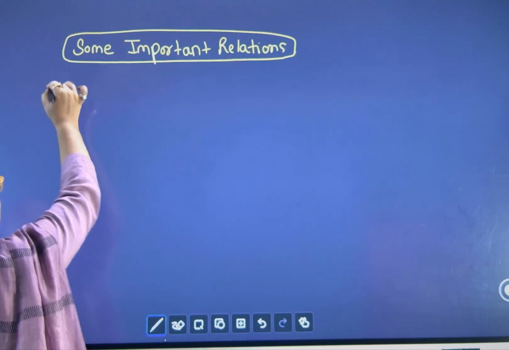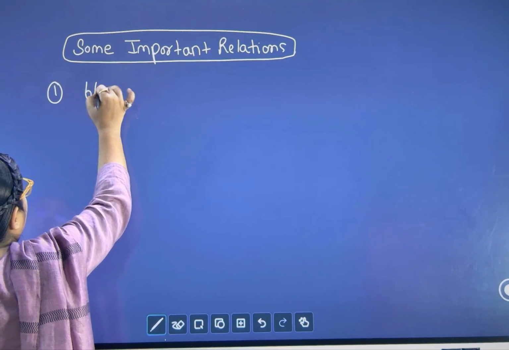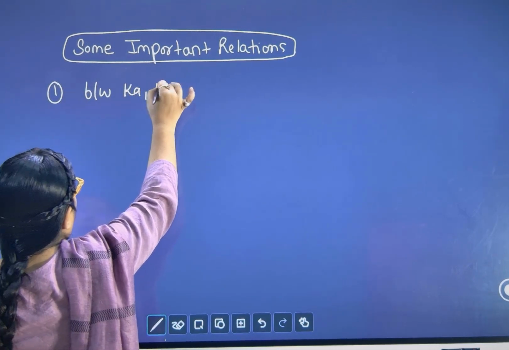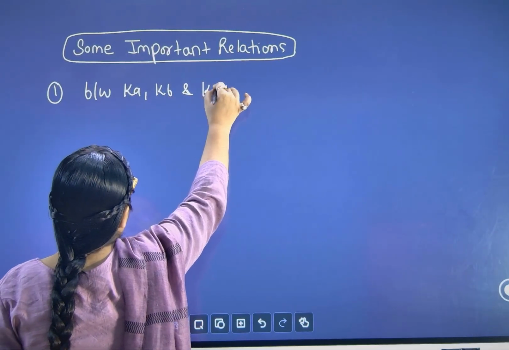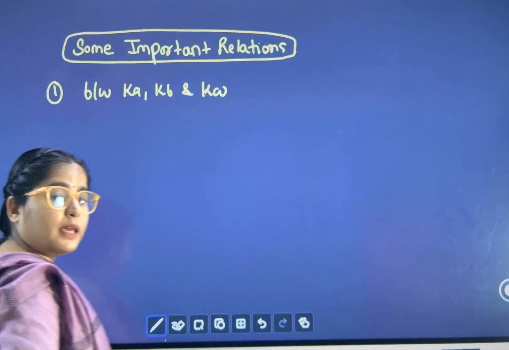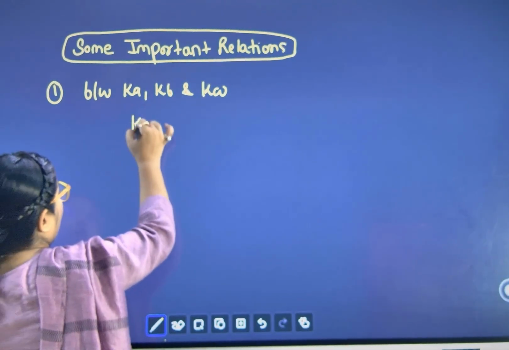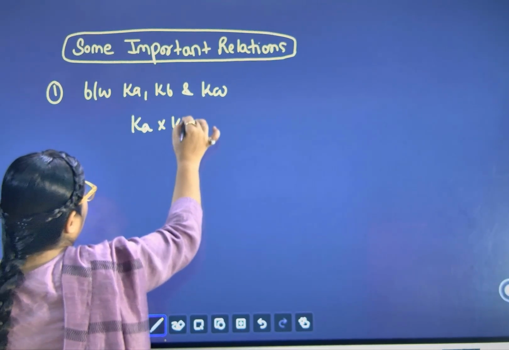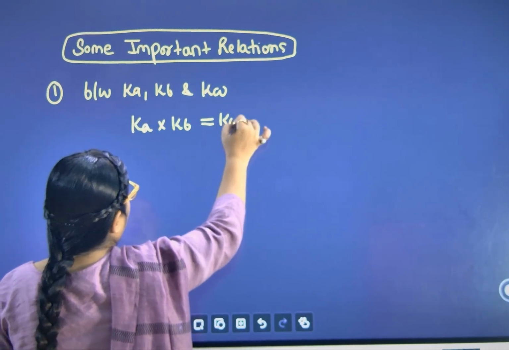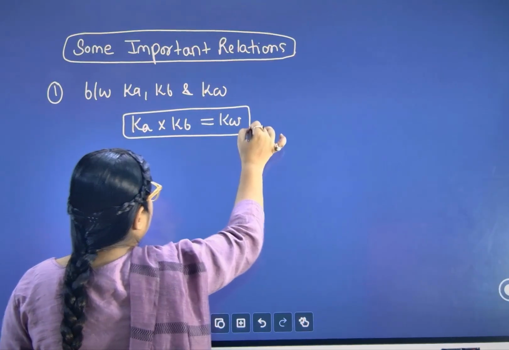So first relation you write down, the relation between Ka, Kb and Kw. So from here you write down Ka into Kb is equal to Kw. What is Ka and Kb here?